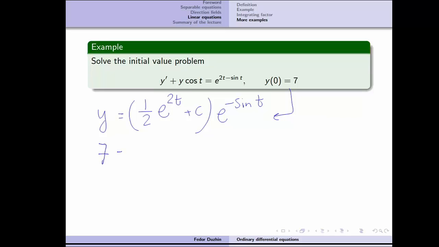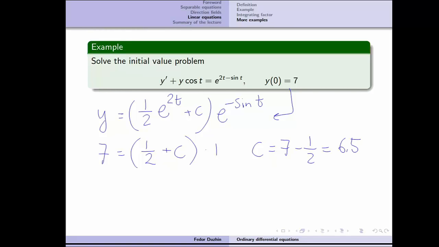So 7 equals 1/2 times e to the 0 is 1 plus constant times e to the sine 0 is 0, e to the 0 is 1. So which means that our constant is 7 minus 1/2 is 6.5.